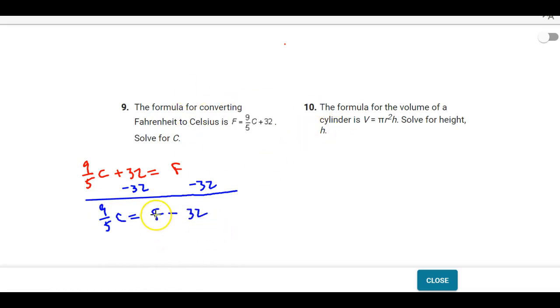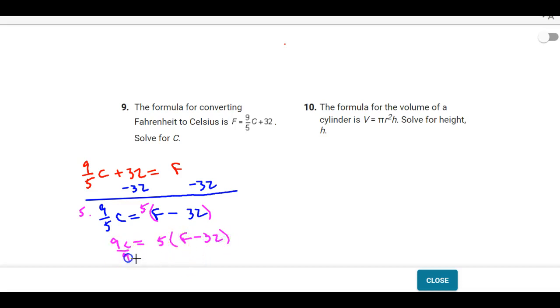Now there are 2 ways you could do this, right? One is multiplying by 9/5. When I get rid of it, I'm going to divide by 9/5, right? So what some people may do is, some people would multiply both sides by 5, so I'd get 9C equals 5 times the parentheses F minus 32.